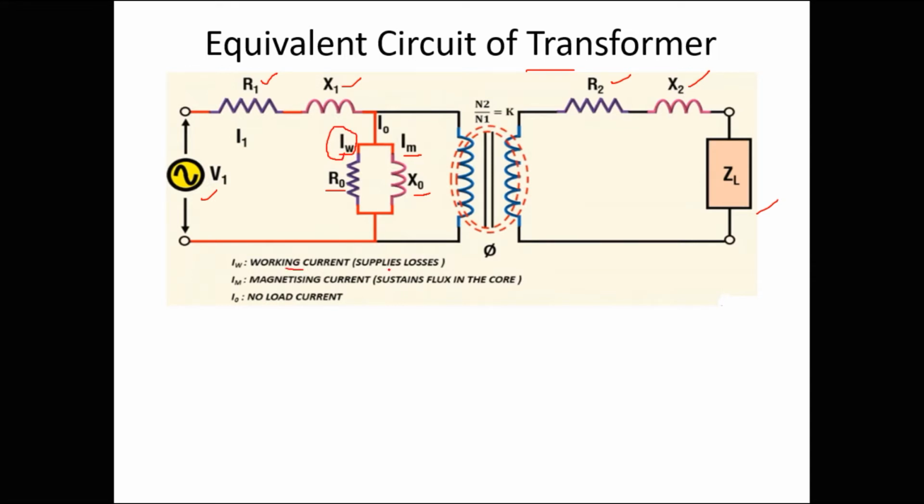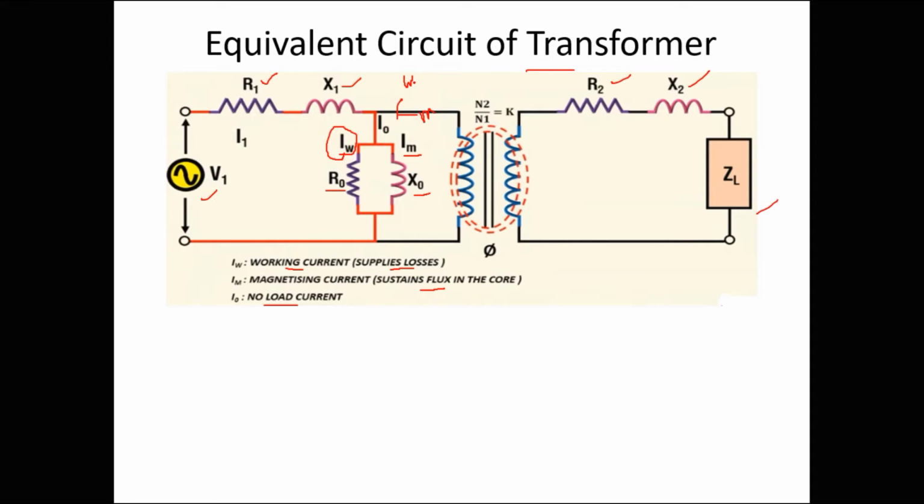It means it supplies the losses, whereas the magnetizing current is required for sustaining flux in the core. These two currents come from a current called I0, that is the no load current. We can say I0 is resolved into two components, IW and Im.